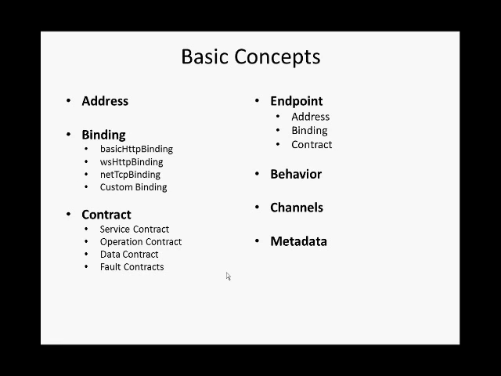And then we have data contract. Again, in the same context, you have an employee service. Say you have a method called getEmployee, wherein you pass an employee ID, and in return you get an employee class which has all the details like employee ID, name, age, date of birth, etc. That particular class which is returned by an operation contract is called a data contract.